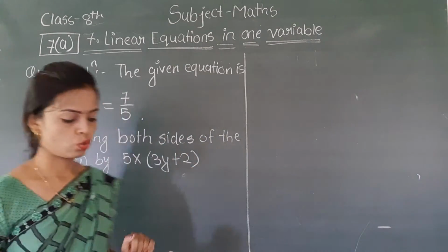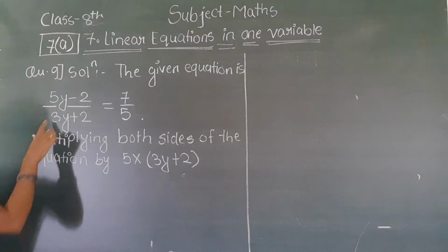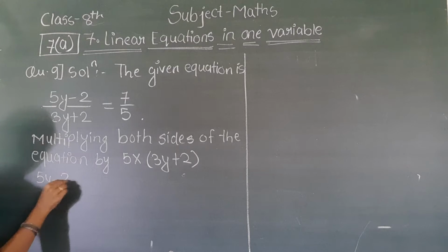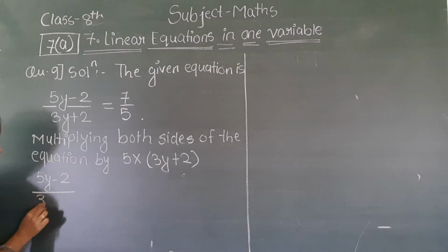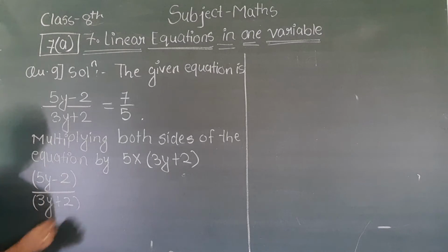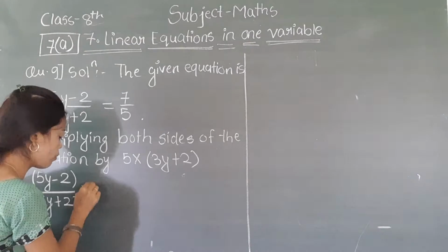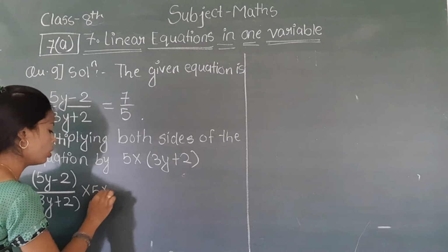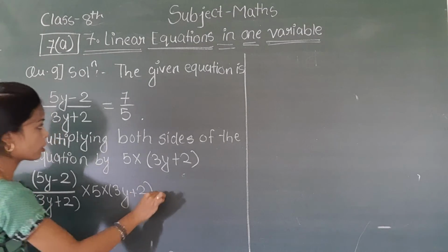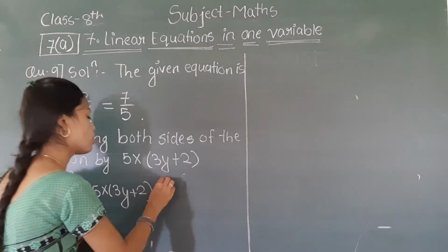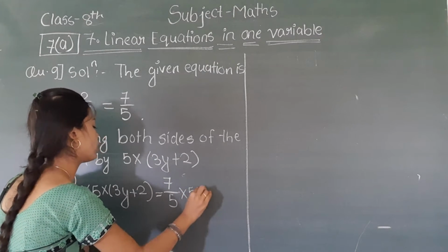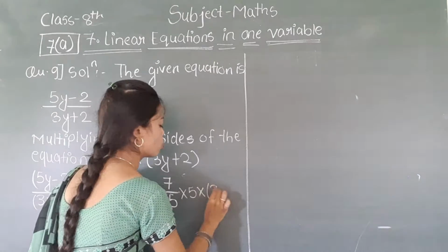On the left hand side it is (5y minus 2) over (3y plus 2), which you have to multiply with 5 into (3y plus 2). The right hand side is 7 upon 5, and you have to multiply it with 5 into (3y plus 2).